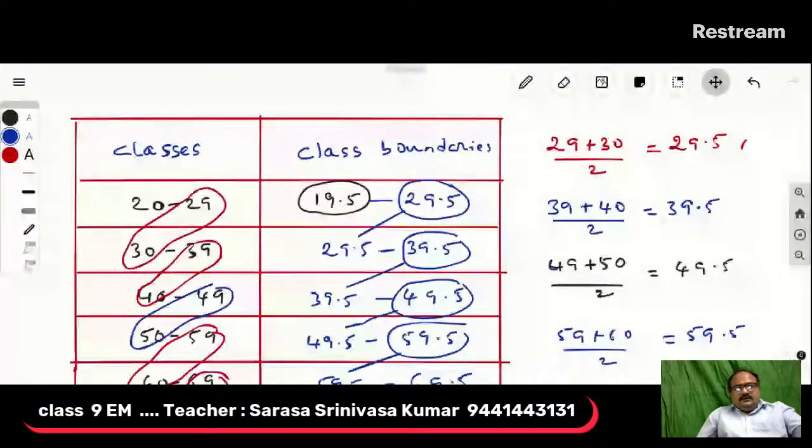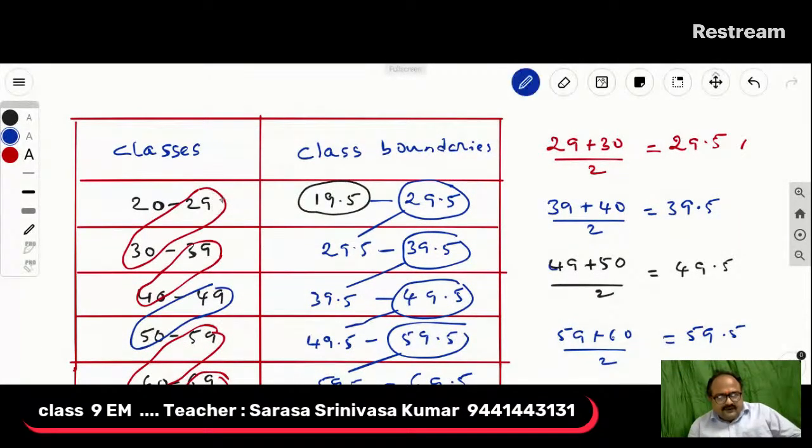Here you observe one fact: in the first class interval, the first column 20 to 29, next 30 to 39, the second class interval ends with 39. The third class interval starts with 40. So one difference is there.